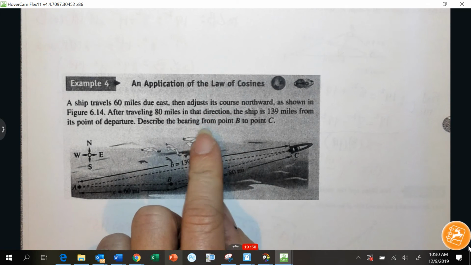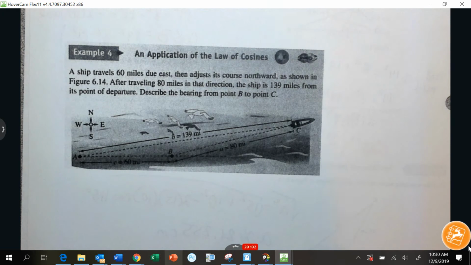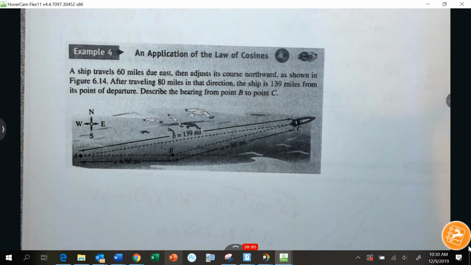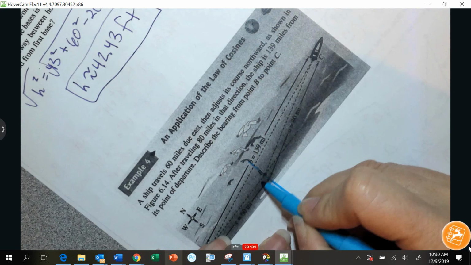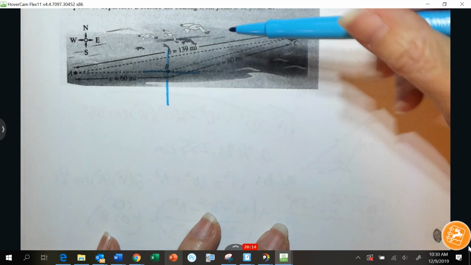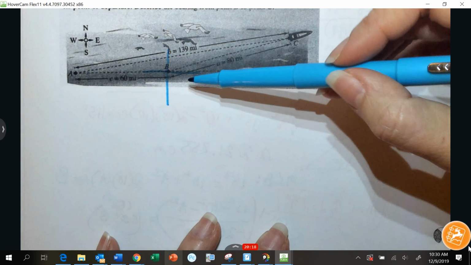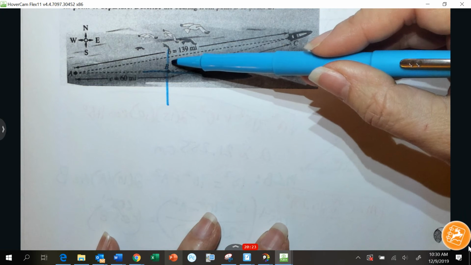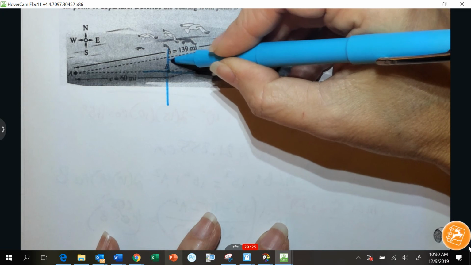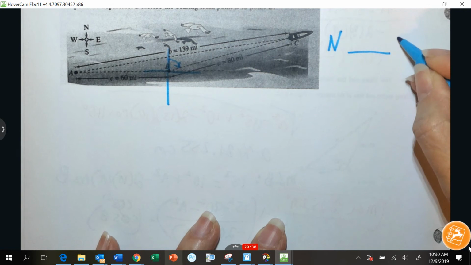Describe the bearing from point B to C. So when you look at this picture, we have to describe the bearing from B to C. If I drew one of those northeast, southwest right at B, and I'm talking about the bearing, I either go north or south first. If I'm going from B to C, am I going to go north or south first? North, and then which direction from there? East. So northeast. So our bearing is going to be like north something east.